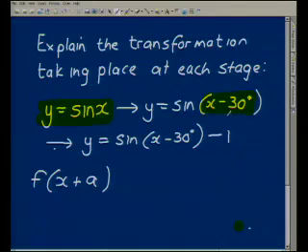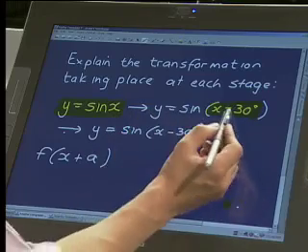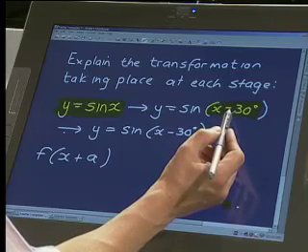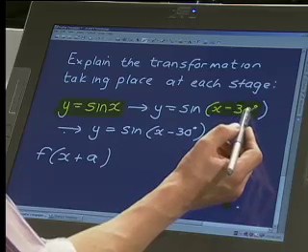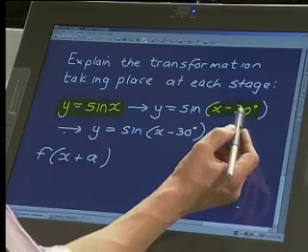Because remember I said that with horizontal, it works the other way. So if it's minus 30, you go to the right. If it's plus 30, you go to the left. So the transformation at this stage is a horizontal shift to the right by 30 degrees.